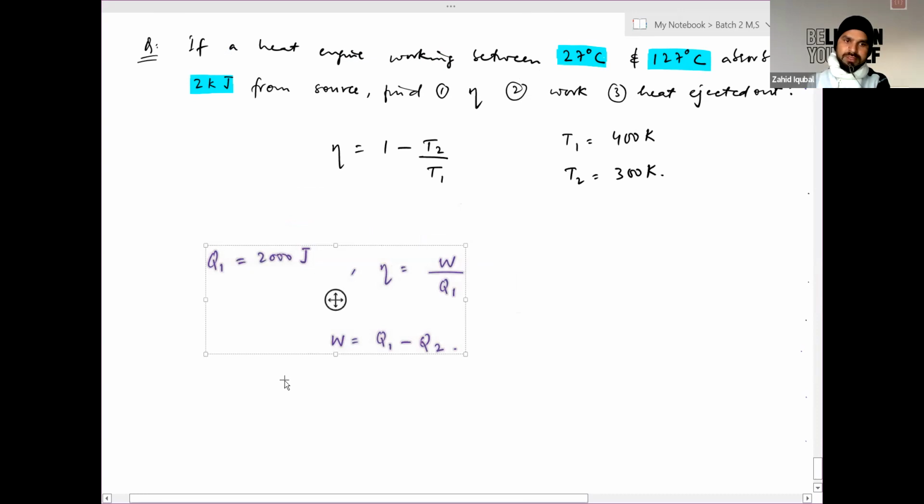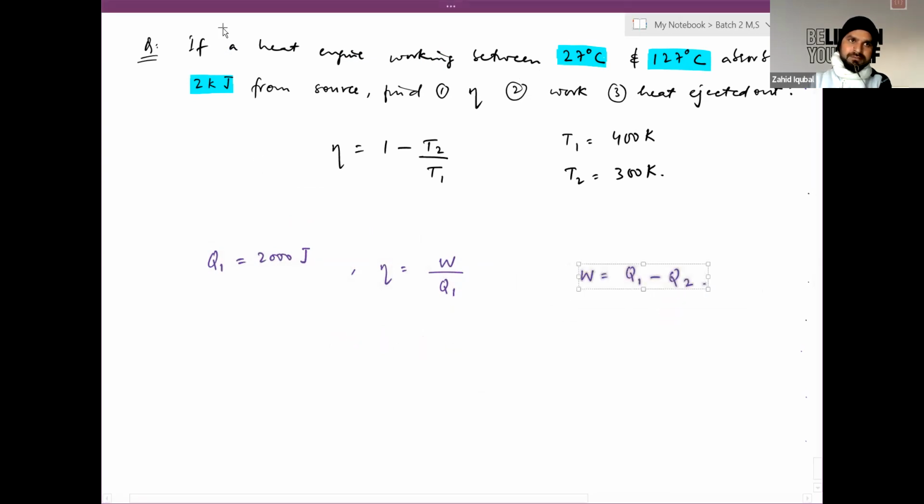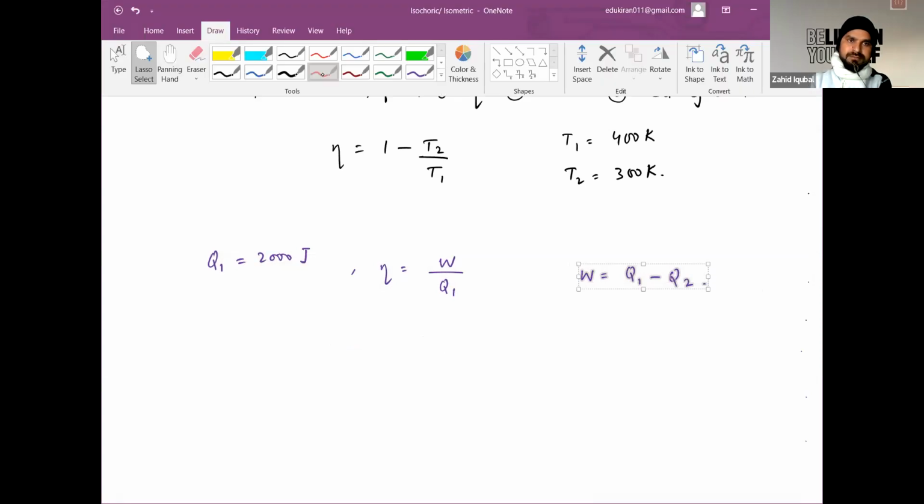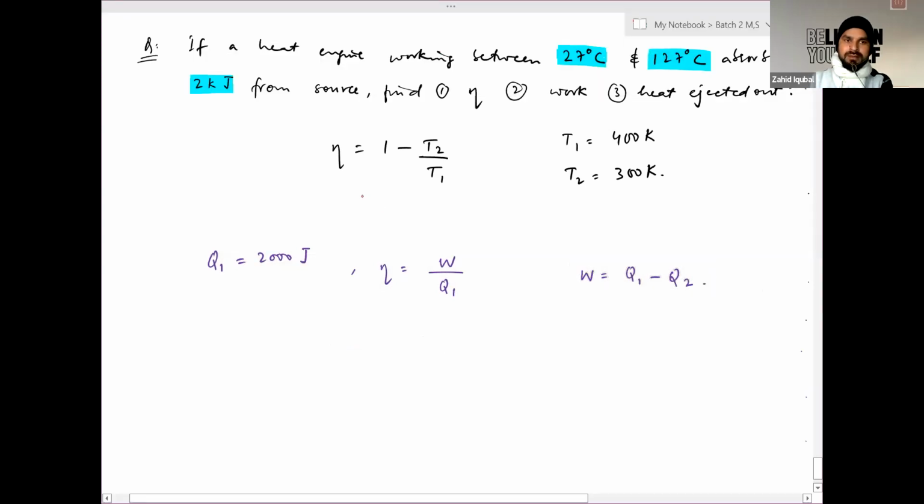Samira, just check your calculation. Eta is 1 minus T2 over T1. T2 we have 300 Kelvin, T1 we have 400 Kelvin. So this and this will cancel out.